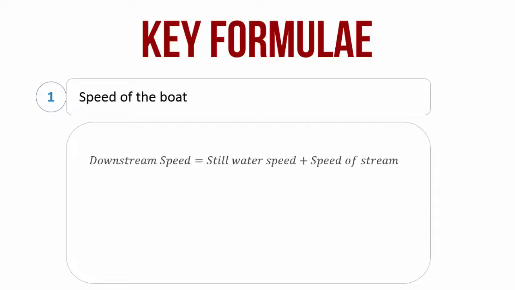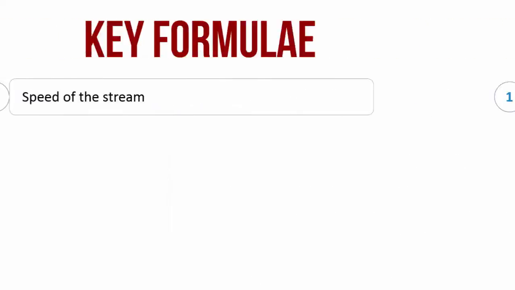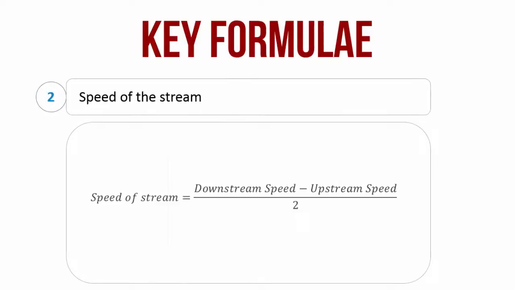We know that the downstream speed is still water speed plus speed of the stream, and upstream speed is still water speed minus speed of the stream. Therefore, we can derive that still water speed is equal to (downstream speed plus upstream speed) divided by 2. The speed of the stream, therefore, is (downstream speed minus upstream speed) divided by 2. So these are the key formulae in this kind of question that you must keep in mind.